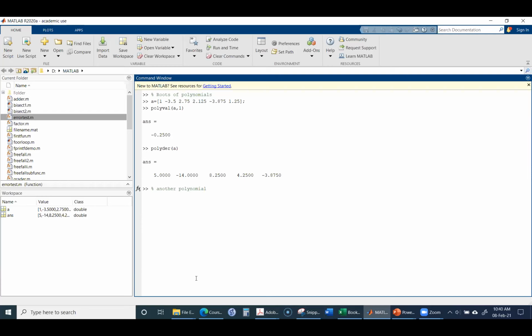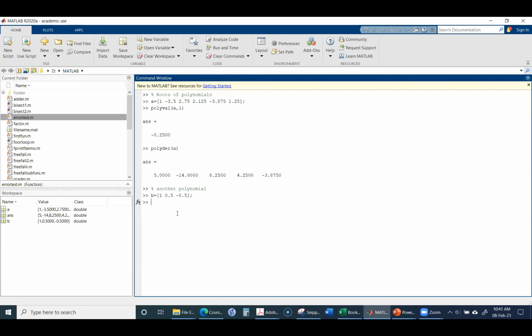We can represent this polynomial by its coefficients as 1, 0.5, minus 0.5. This is b. This b is now represented by this vector, and it represents the polynomial x squared plus 0.5x minus 0.5.